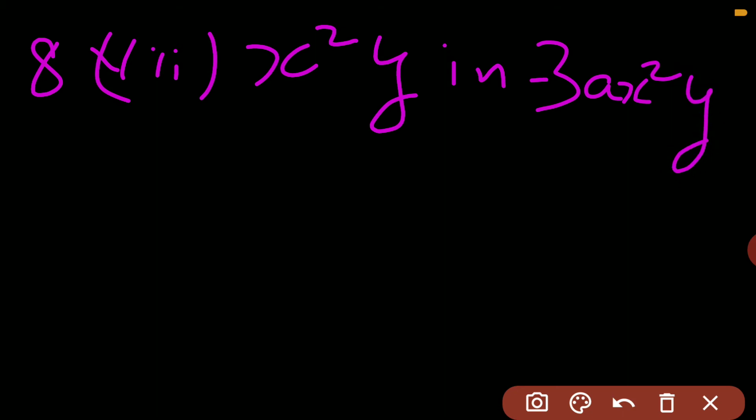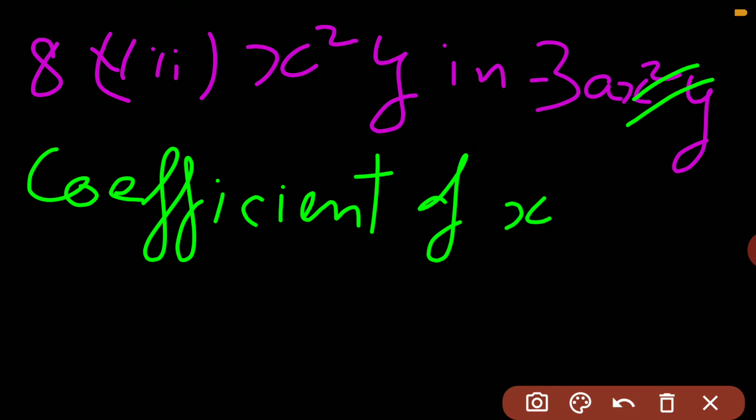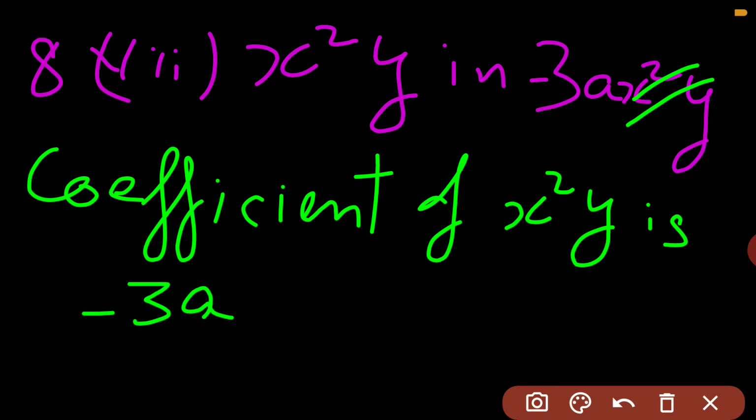So here you can see the coefficient of x square y. If I scrap this x square y out, the remaining thing will be minus 3a. So I can write coefficient of x square y is minus 3a. So that is my answer, number 8.7.